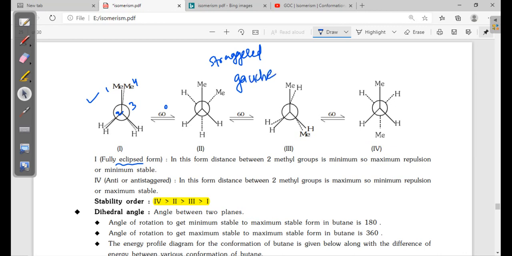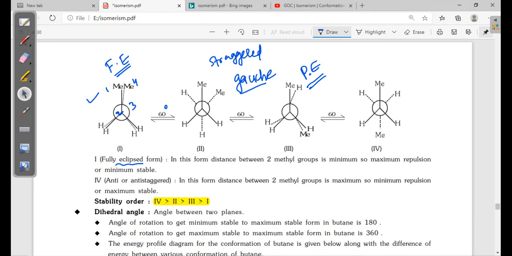The spelling is gauche, but the pronunciation is gauche, or gauche. When 60 degrees is there, it is the gauche form. Then again it is eclipsed, but since fully eclipsed already came, this is partially eclipsed.